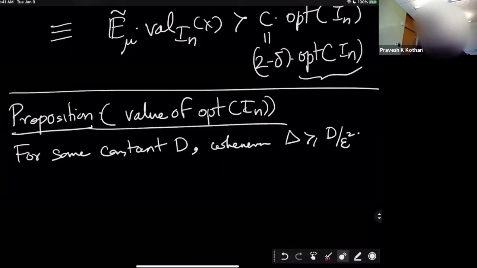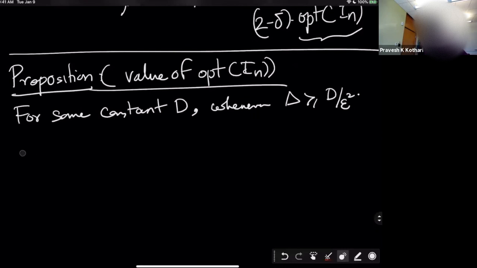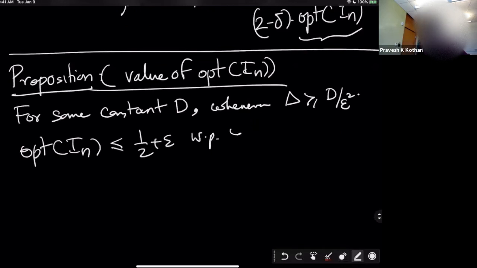Okay, good. So for some constant d, whenever delta is much bigger than d over epsilon square, opt of the sampled instance is at most half plus epsilon with probability at least 0.99.